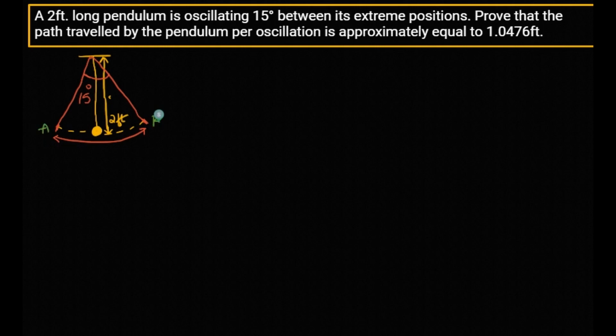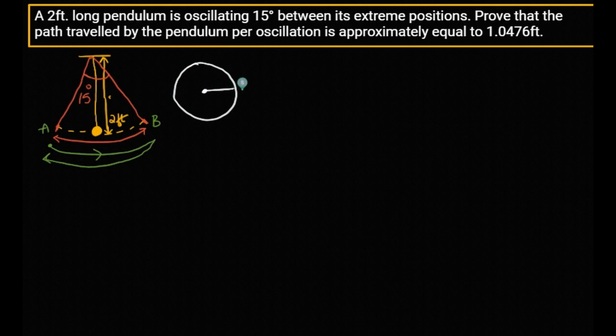So let us label the extreme positions of the pendulum as A and B. So one full oscillation is from position A to B and back from B to A. So one complete oscillation is this much. We have to find the length of this oscillation. So when we look into this picture, we can visualize this concept in form of a circle. That is, let us consider this circle and the length of this pendulum is equal to the radius of the circle.